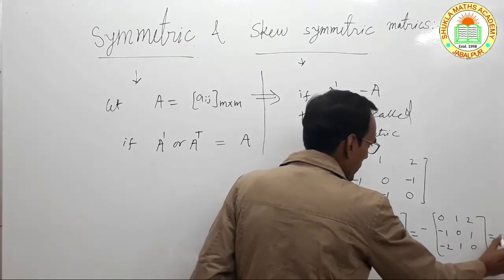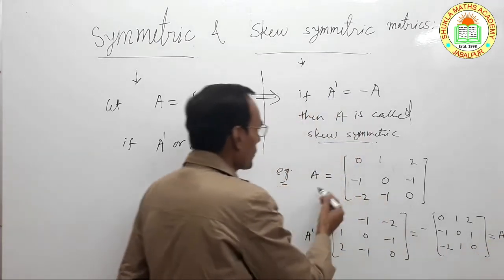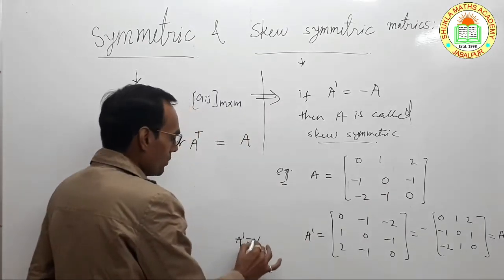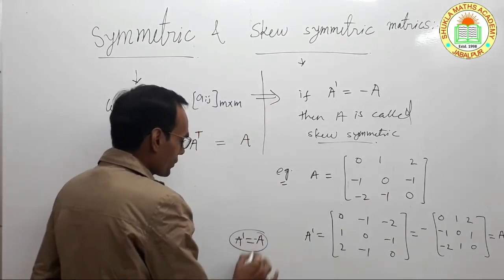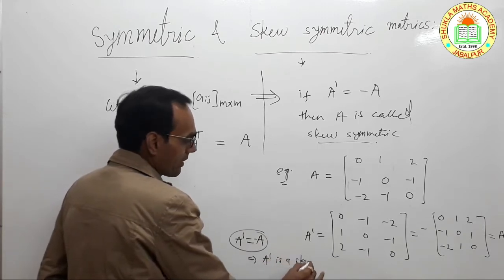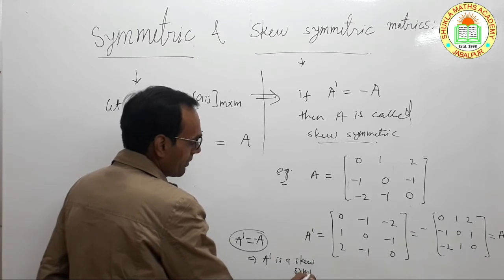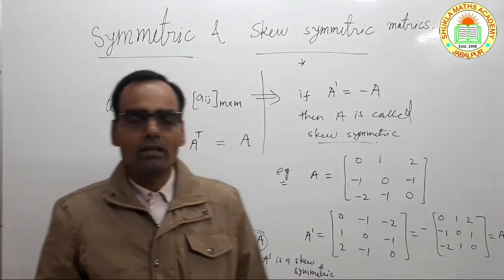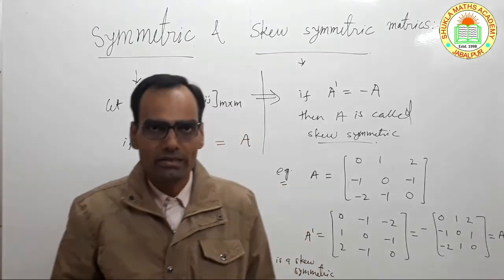So it is also equal to the A. Clearly it is equal to the A. So we can say that here A dash equal to minus of A. So A is a skew-symmetric matrix, right? So this is the concept of symmetric and skew-symmetric matrices.